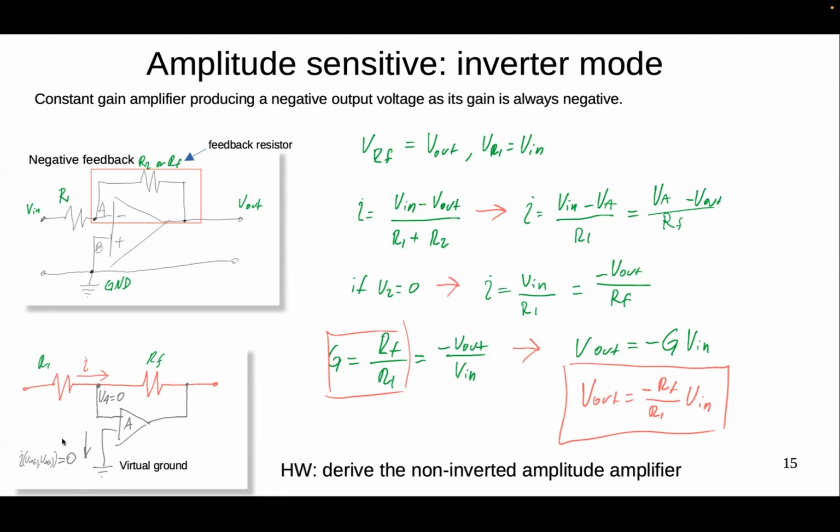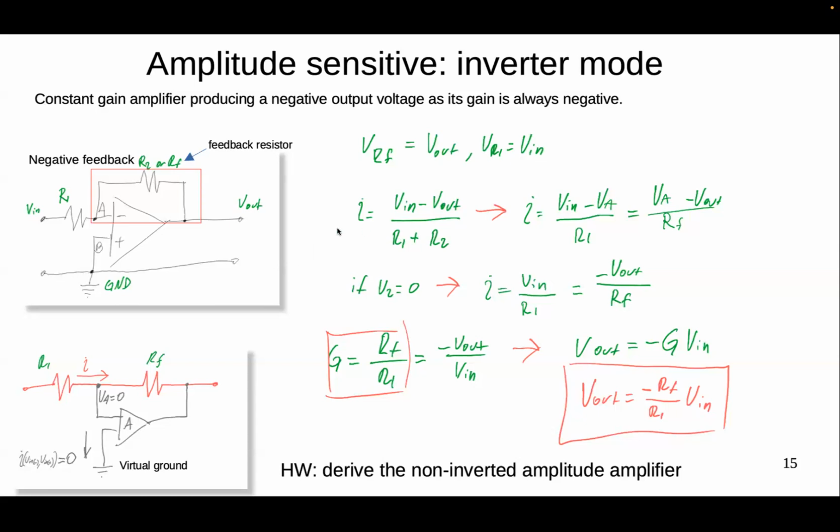So here, to analyze this, we can see that the voltage in the feedback resistor will be the same as the voltage in the output, and the voltage in the resistor 1 will be the same as the voltage in the input here.